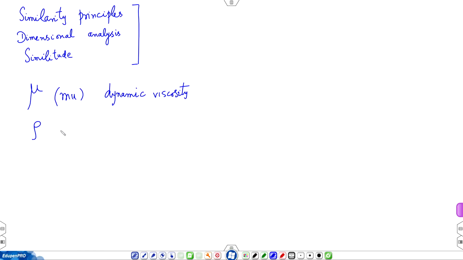Rho. That we use for density. The ratio of the two is called kinematic viscosity, because you have taken out rho, that means the mass dimension out. This is nu, and mu, rho.